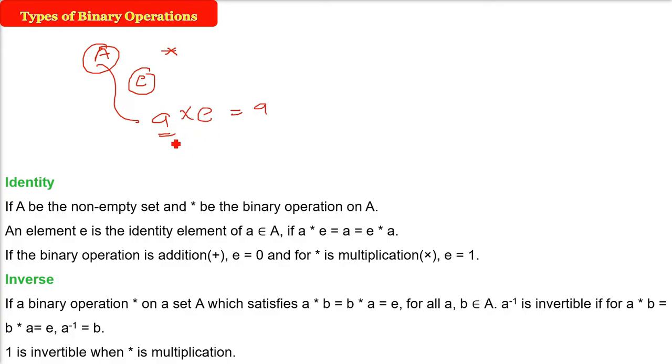So when we are operating, I am not using into, I am using star. This is star. This is not multiplication, this is star. So a operation E, or I am taking another value B, B operation E, you will always get the actual value which is a and b. So all these operations on this certain value E on the same set A.